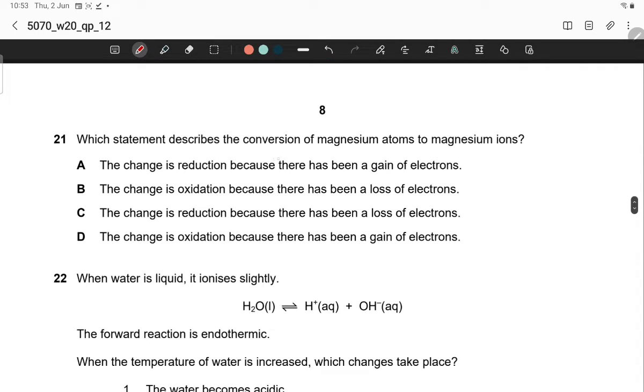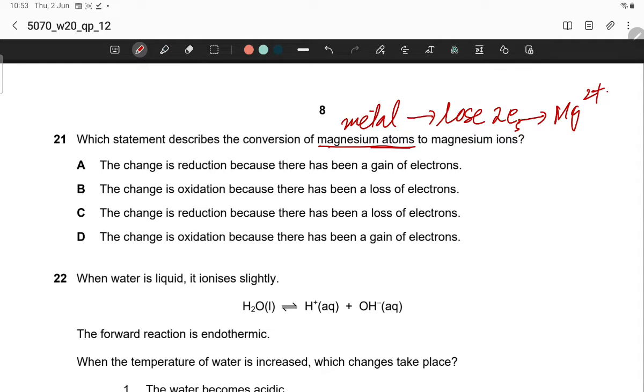Which statement describes the conversion of a magnesium atom to a magnesium ion? Magnesium is a group 2 metal, so it loses 2 electrons to form Mg2+. The change is oxidation because magnesium loses 2 electrons, and loss of electrons is oxidation.